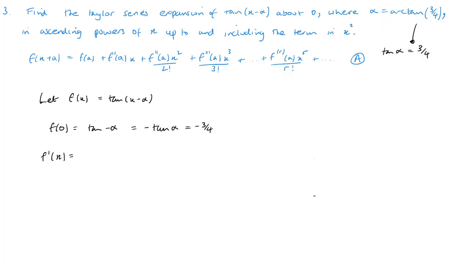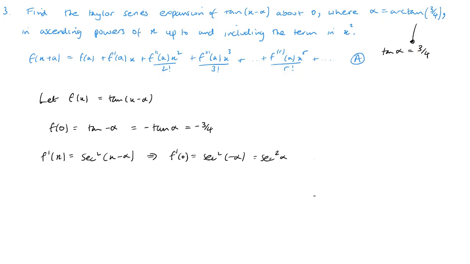So tan will differentiate to sec squared, and it's x minus alpha, which if you differentiate the inside, it's just going to be 1, isn't it? So this is going to stay the same. Now substituting 0 in, we get sec squared of minus alpha. Sec is 1 over cos, and cos of minus alpha is just cos of alpha. So this is going to be sec squared alpha.